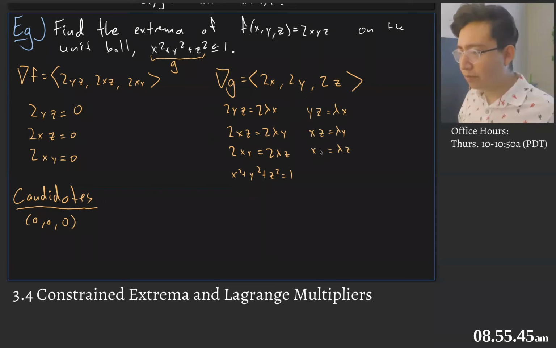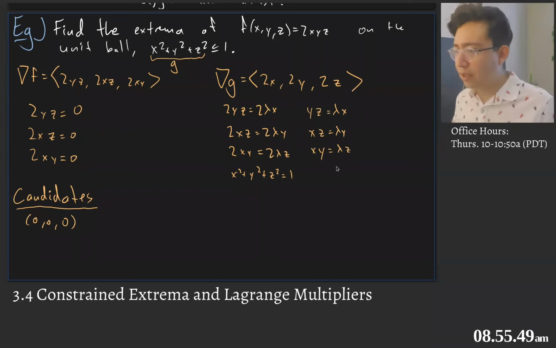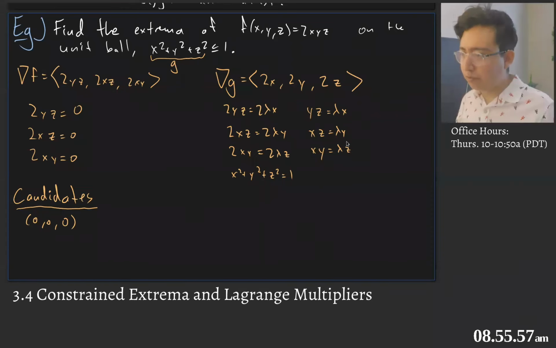Okay. And then what I'm going to do is isolate all of it. I'm noticing that the variables themselves are basically isolated here, so we can just move the lambdas over.